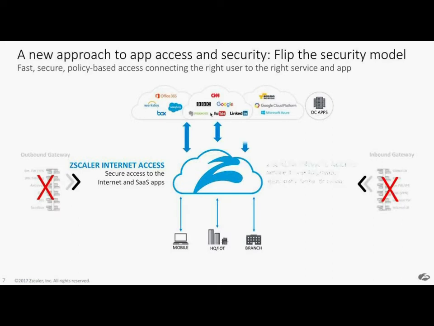And then we replace your inbound gateway, all of this functionality that you need for a VPN, your global load balancers, your DDoS protection, IDS, IPS, the actual VPN concentrators, with our Zscaler Private Access service.